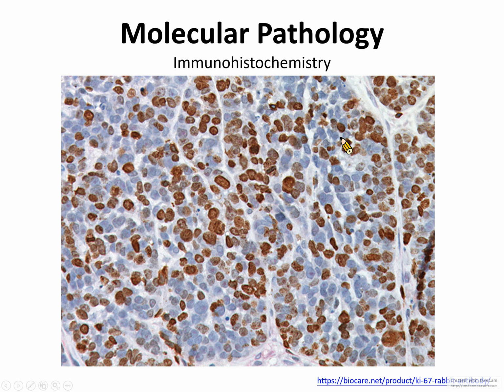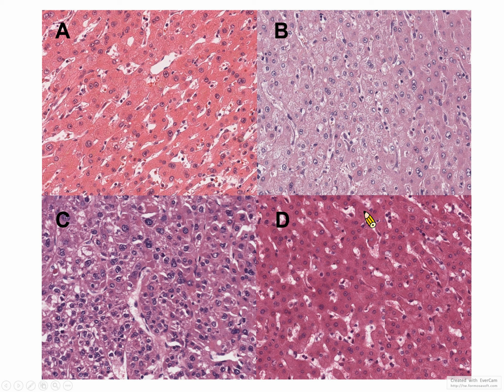So this is one of the major breakthroughs of pathology, because in molecular pathology, you rely on biomarkers instead of just looking at the morphology of the cells. But let me put several things together into this slide.